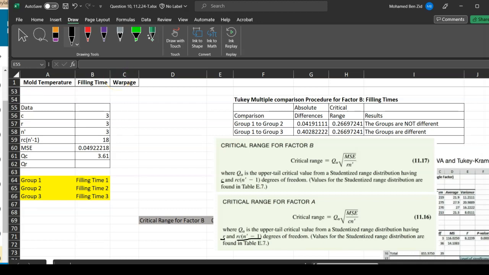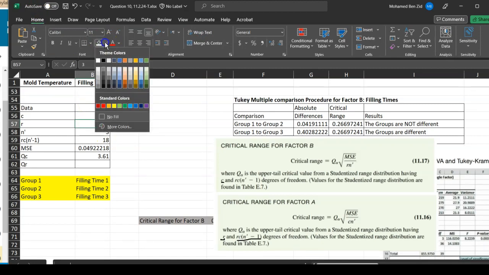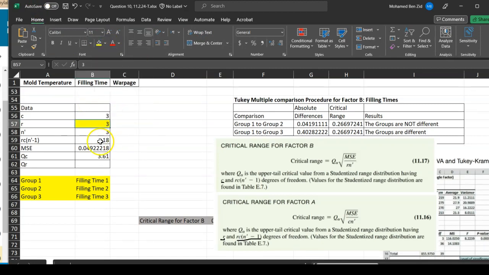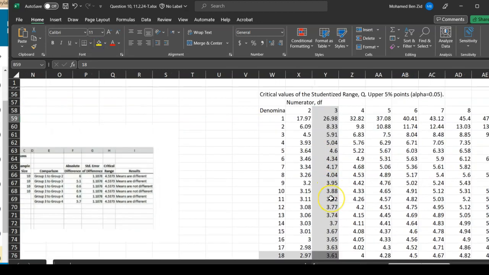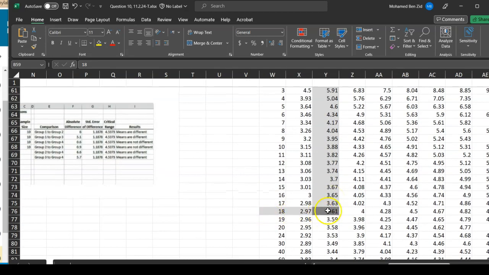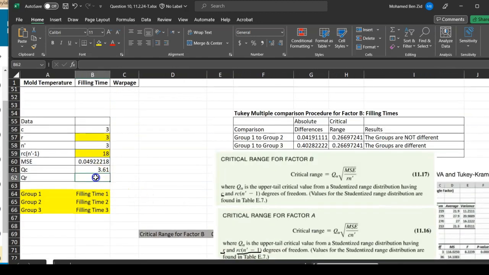So these 2 degrees of freedom are this one, the R. So let's change the color. And this is the other degree of freedom. So 3 and 18, and it is the same value. If you do 3 and 18, you're going to end up with 3.61. So this value is the same thing. You can type it in, don't drag it, 3.61, enter. So we got that value.